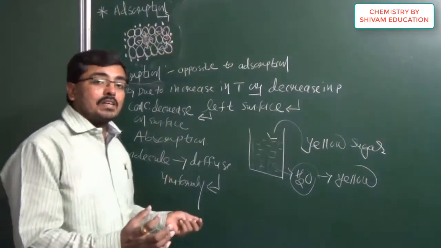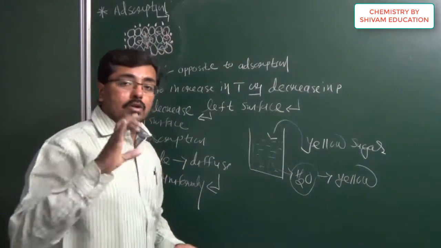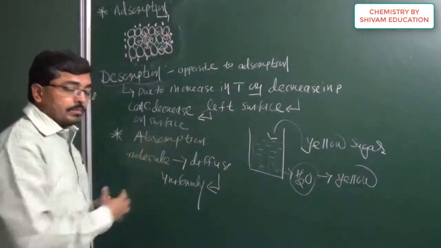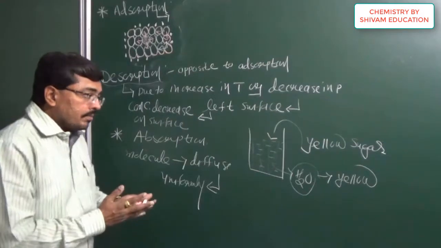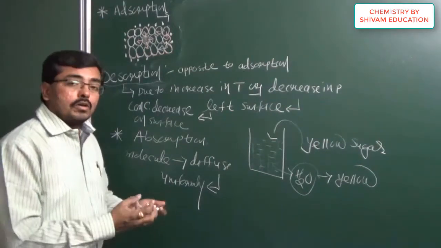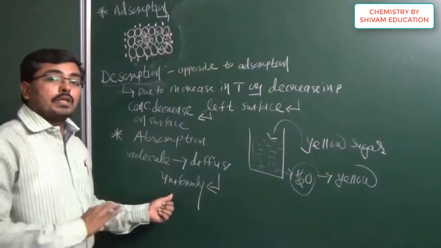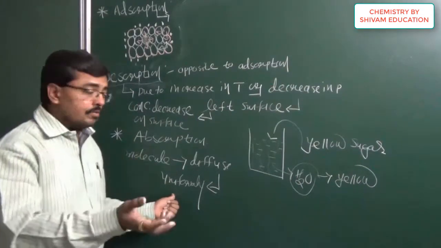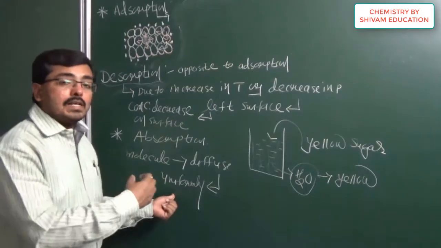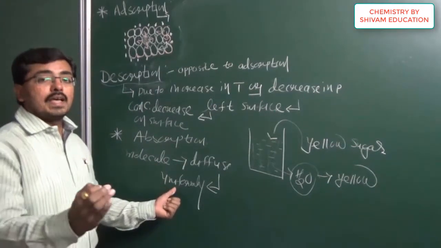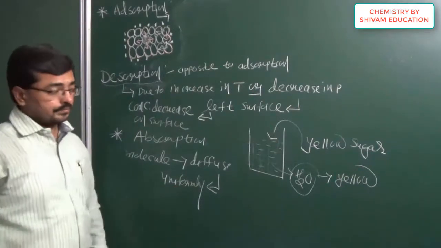So when in a glass of water we add yellow color sugar and we shake it, then the entire solution becomes yellow in color, which means molecules of dye disperse thoroughly. Such a phenomenon in which molecules of dye diffuse thoroughly in a solution is considered as absorption.